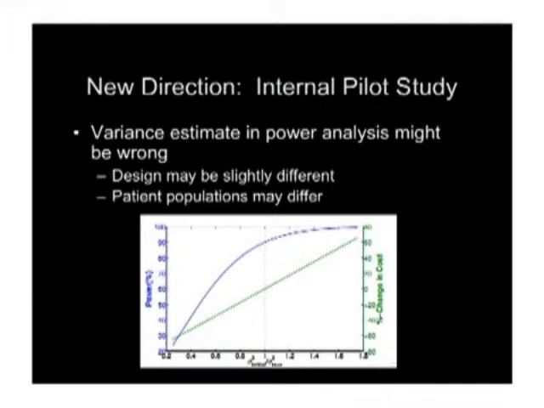So just to reiterate, the problem that you can run into with power calculations is that we're often guessing. We're making an educated guess at what the variance is going to be, and sometimes our guess can be wrong. This graph is illustrating power as the blue curve, and the green curve corresponds to this axis, which is the % change in cost. On the x-axis, I'm looking at my initial guess of the variance.